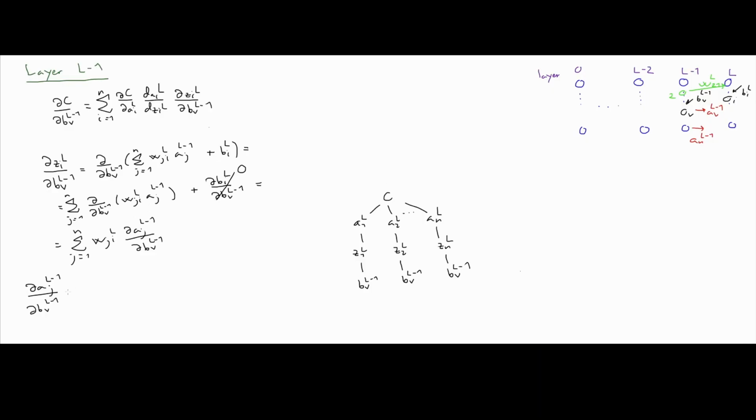So when j is not equal to v, we get a 0 term. And when j is equal to v, we get the derivative of the activation in neuron v with respect to our bias term.